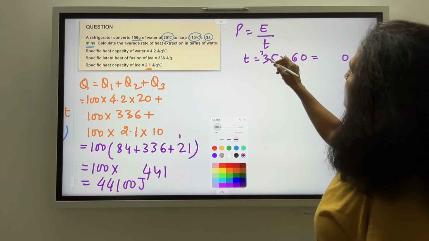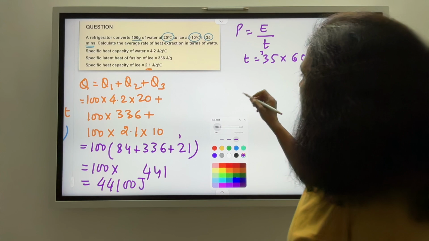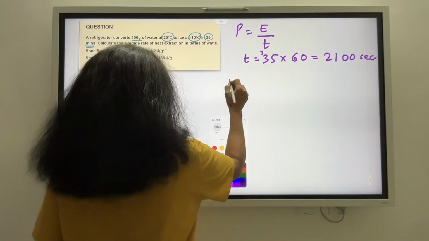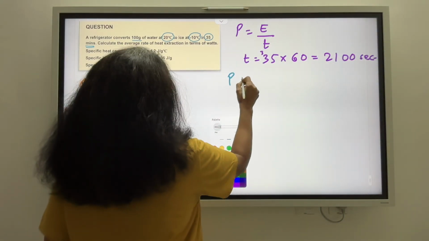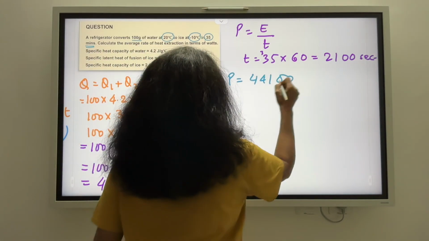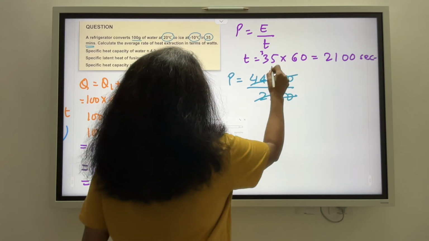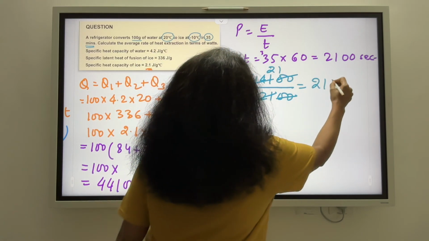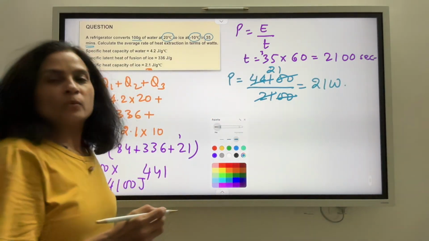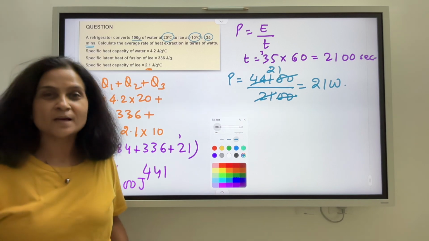So 6 3s are 18, 21. So many seconds. Now how do I calculate my power? So my power is equal to the energy which I just calculated, 44100 joules by 2100. So this is 21 watt of power. So this is my answer for the question and we are done.